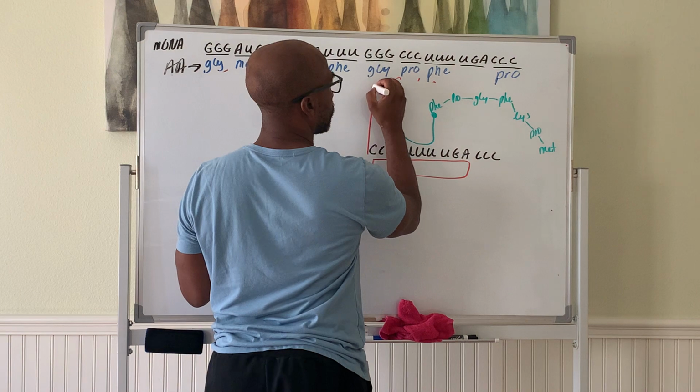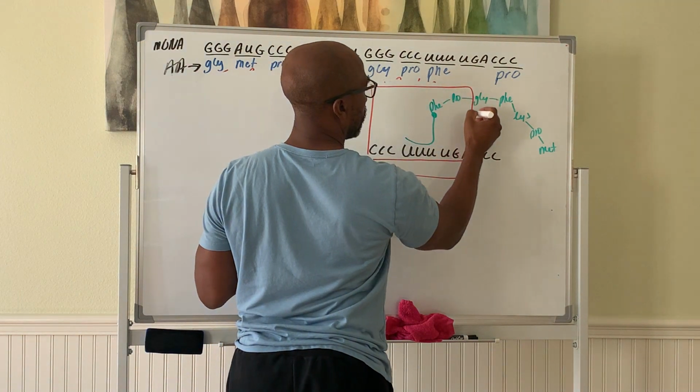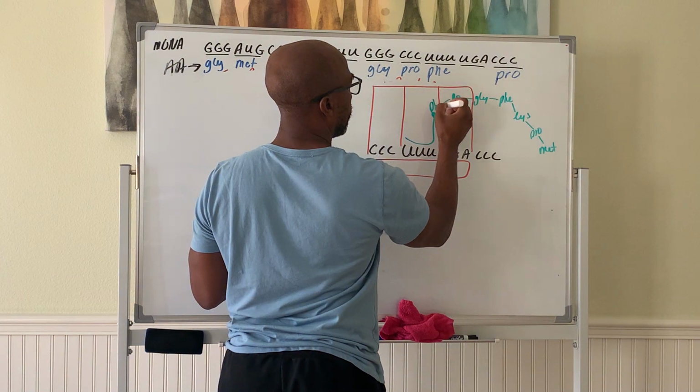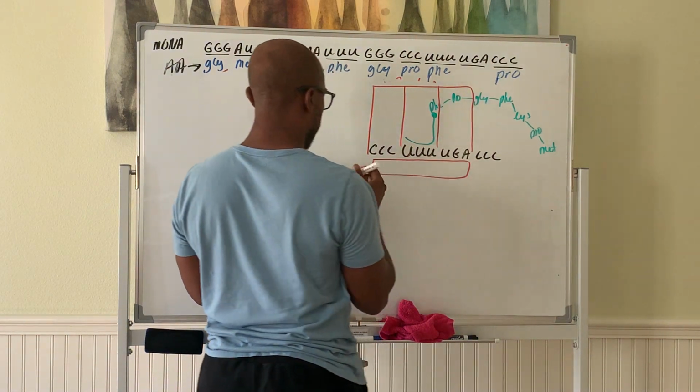And now, let's draw off, of course, the ribosome still here. This is the E site, P site, and the A site.